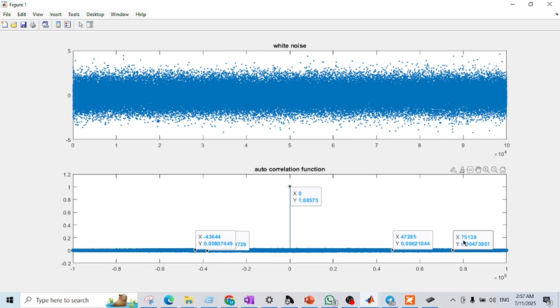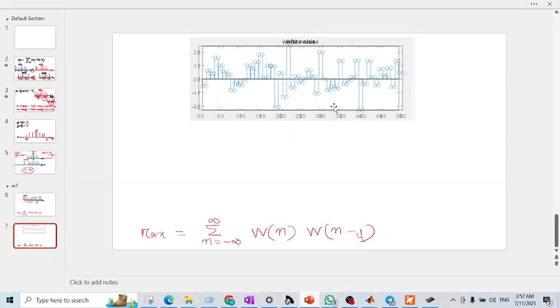This value is also quite similar to 0. That means this function looks like delta, right? Now let's talk about why this function looks like delta, that is, why the autocorrelation of white noise looks like delta.